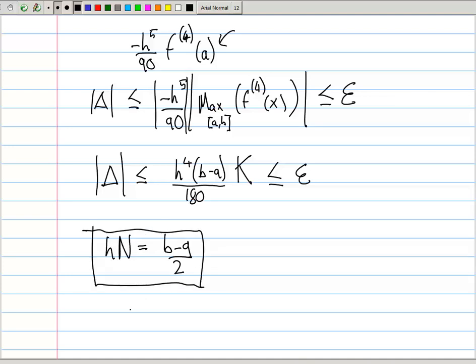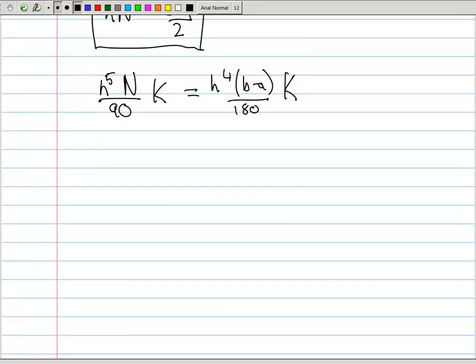We can rewrite it as h to the 5 times n over 90 times our k. And that is equal to our h to the 4 (b minus a) over 180 times k. And that's just by substituting this in if we ever need it. That's important to remember. Now, that's in terms of the error.